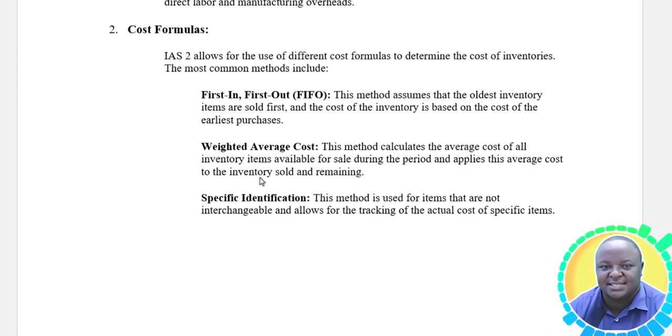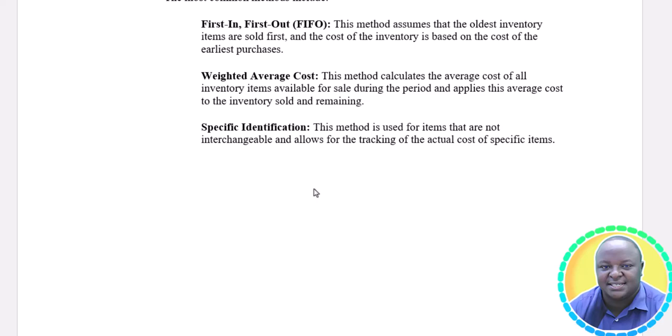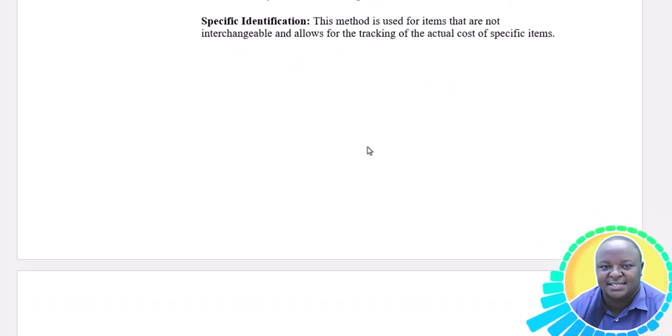We have the weighted average cost. This method calculates the average cost of all inventory items available for sale during the period and applies this average cost to the inventory sold and the ones that are remaining. And specific identification, this method is used for items that are not interchangeable and allows for the tracking of the actual cost of specific items.